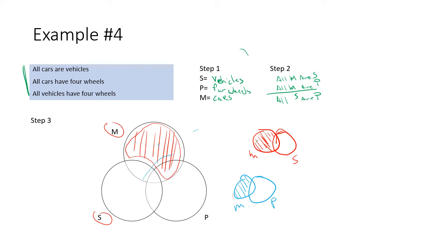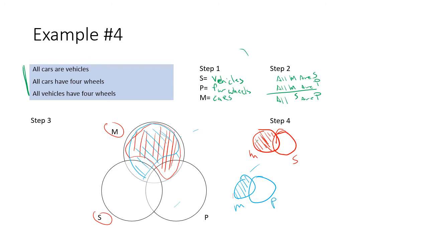So it's just another part of the M circle that gets shaded in. There's overlap, but empty is empty, so it doesn't mean anything if there's overlap. But that's it. So both premises are indicated, and now we need to do our check, right? So our final step is to see whether or not we have a picture of the conclusion.